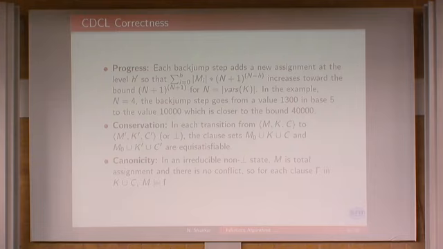And canonicity, it's clear that if you hit an irreducible non-bottom state where no more assignments can be made, there are no conflicts and so on, you have a total assignment. So if you have a total assignment and there are no conflicts, it must be because every clause is satisfied. So that's the way you reason about these inference steps.